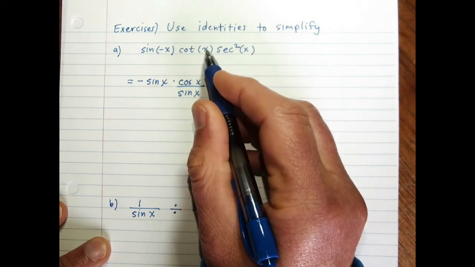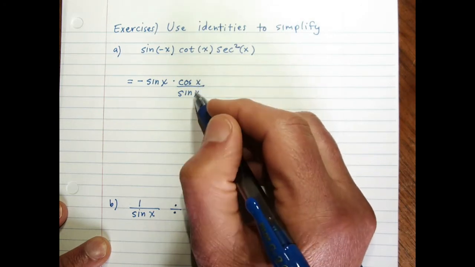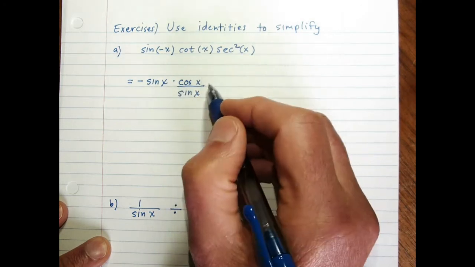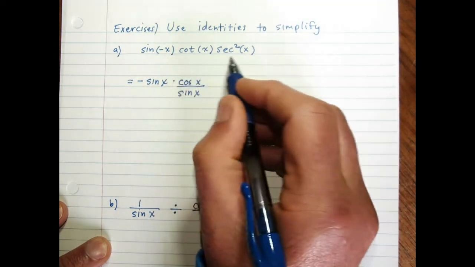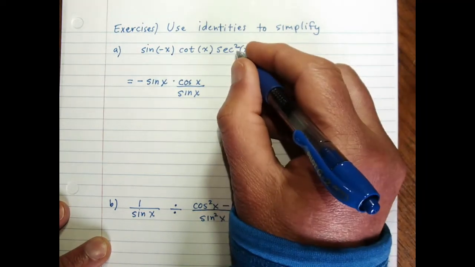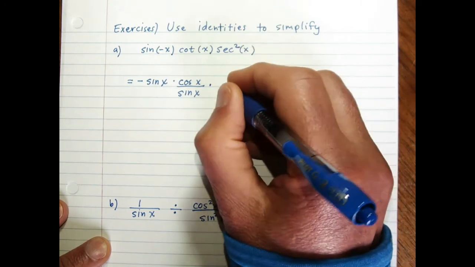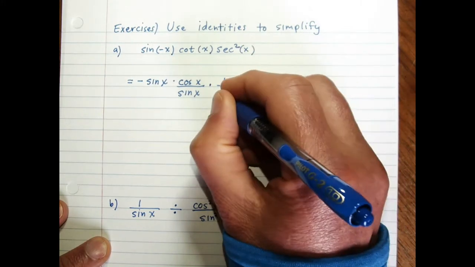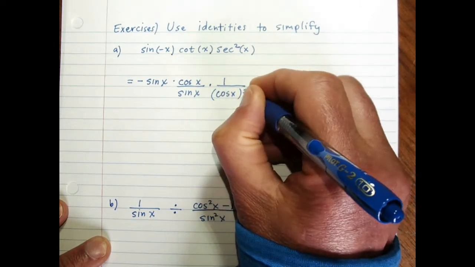Often a good strategy in these problems is to go back to sine and cosine, because if you can break it into sine and cosine pieces, often the relationship between the different parts of the expression becomes more clear. For instance, secant is 1 over cosine, so secant squared is 1 over cosine x squared.